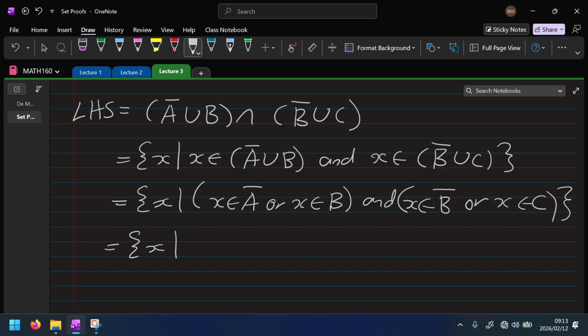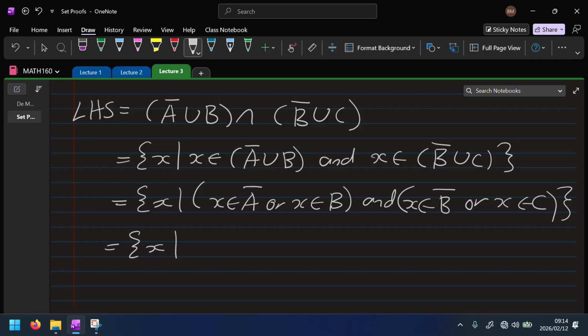Distribution, exactly. So we can have this term distributing onto all of these terms. Do you see that? The or is a plus and the and is a times, right? So we can distribute like that. Let's distribute the first one over, like the times. So it will be this one and this one.